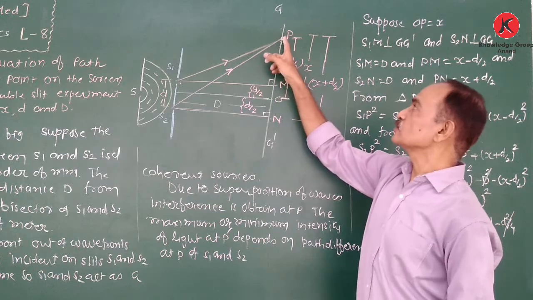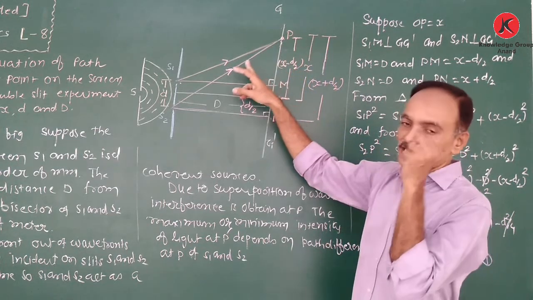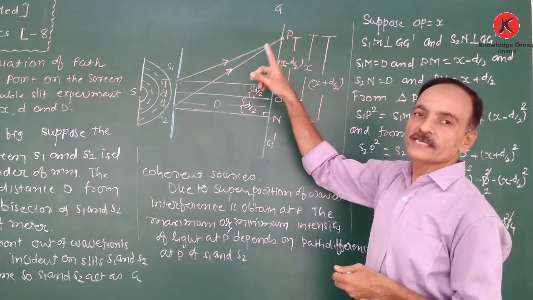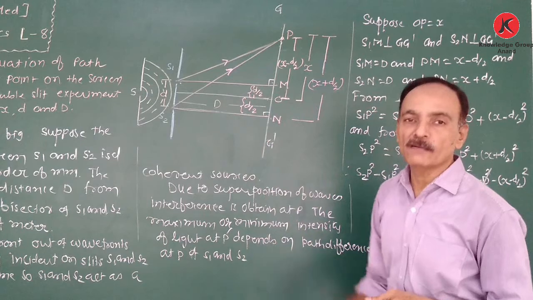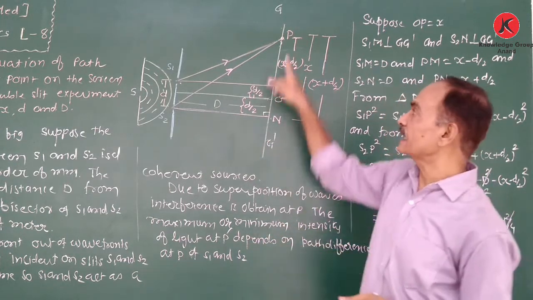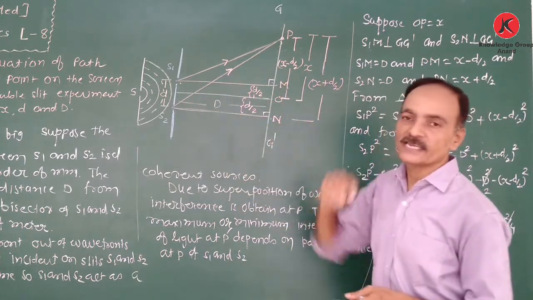Now, due to the superposition of the waves, interference is obtained at point P. The maximum and minimum intensity of light at point P depends on the path difference of S1 and S2.